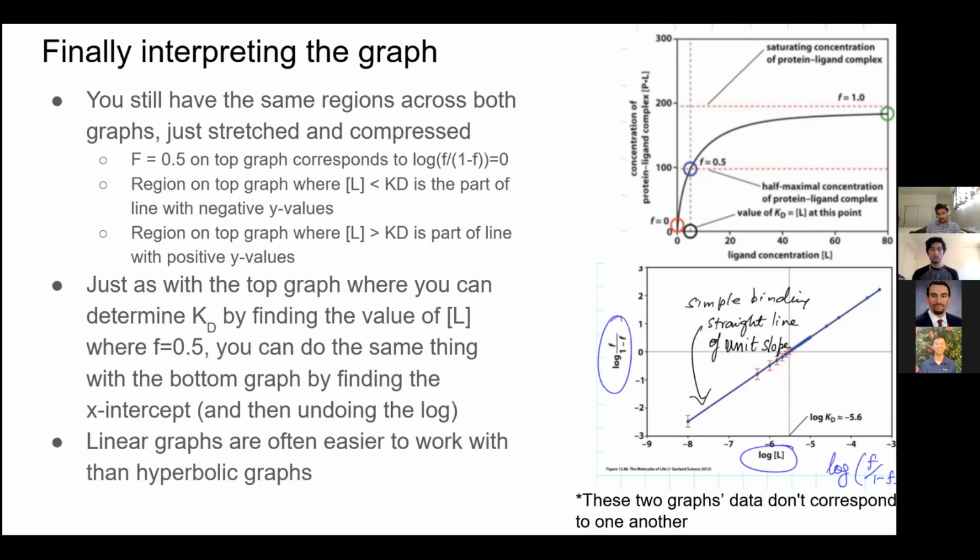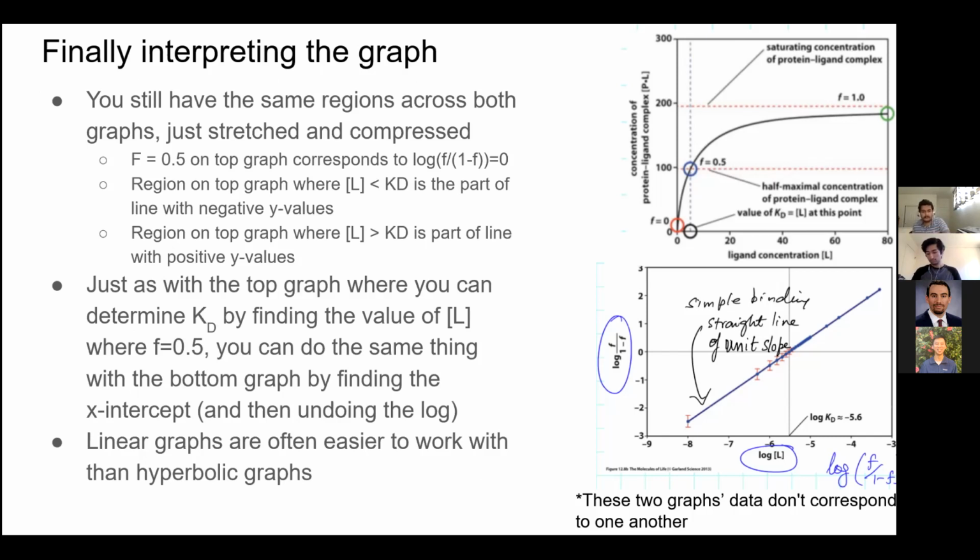To further interpret it, when f equals 0.5, that's when your log is 0. On the top graph, to the left of that point corresponds to the negative y values on the log plot, and to the right on the top graph corresponds to the positive y values on the bottom graph.